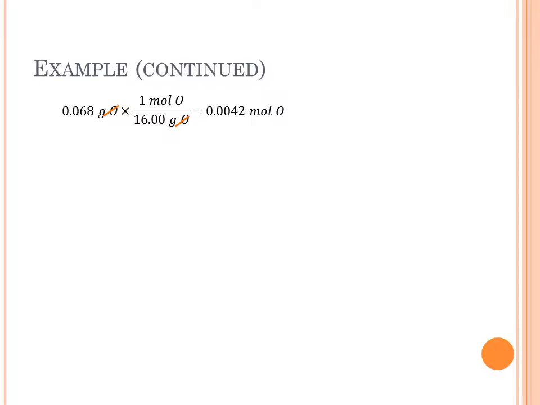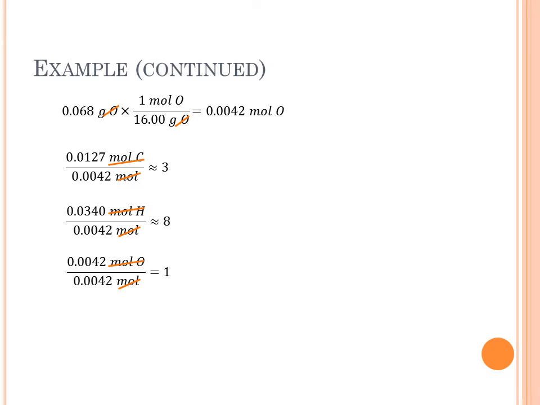That being the smallest of the 3 mole amounts, we'll divide them all through by 0.0042 moles. So 0.0127 moles of carbon divided by 0.0042 moles is about 3. 0.0340 moles of hydrogen divided by 0.0042 moles is about 8.